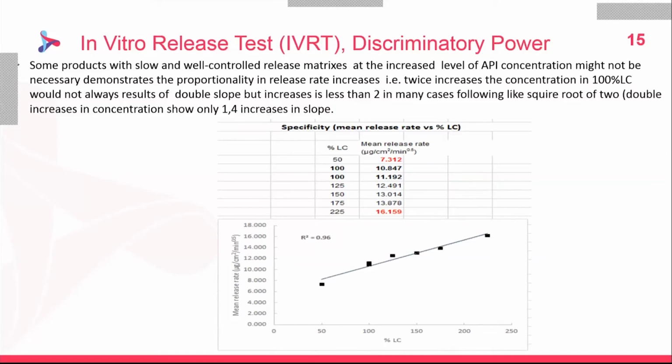A twofold increase in concentration in 100% label claim would not always result in a double slope; the increase is less than 2, in many cases following the square root of 2. A double increase in concentration shows only a 1.4 increase in slope, as predicted by the classical equation.